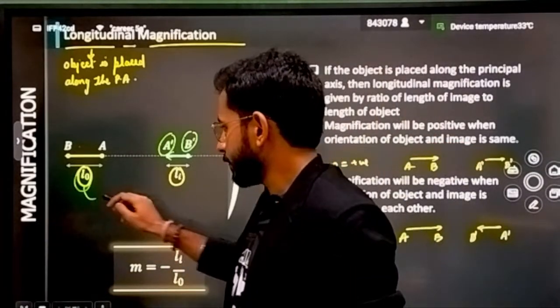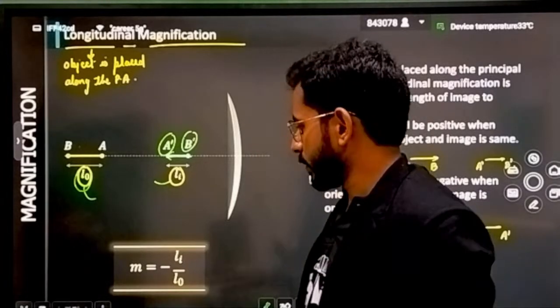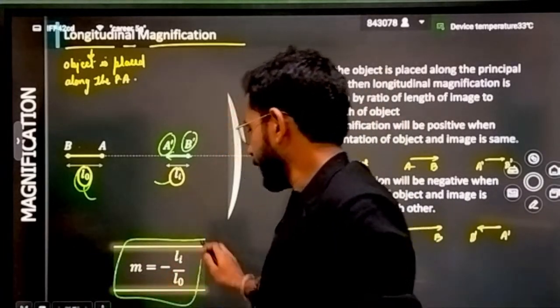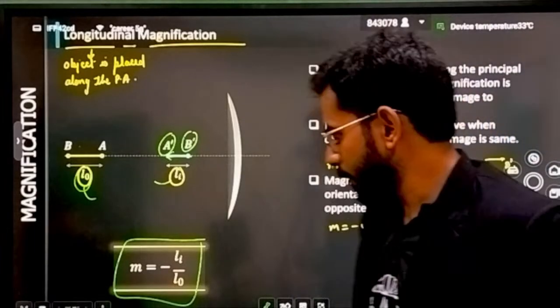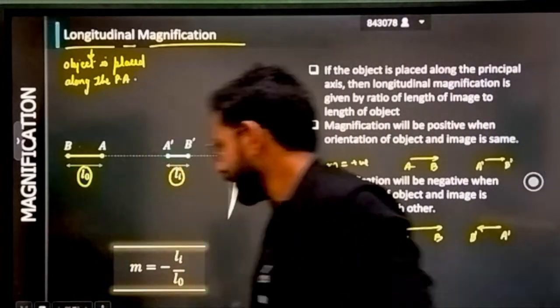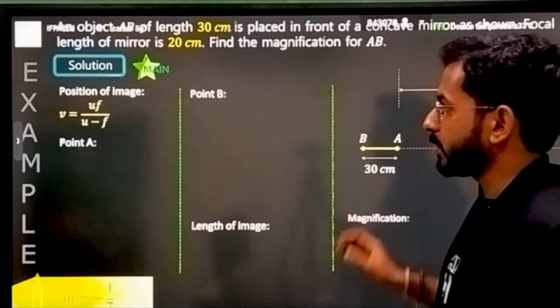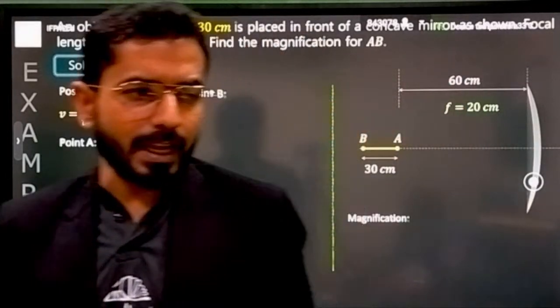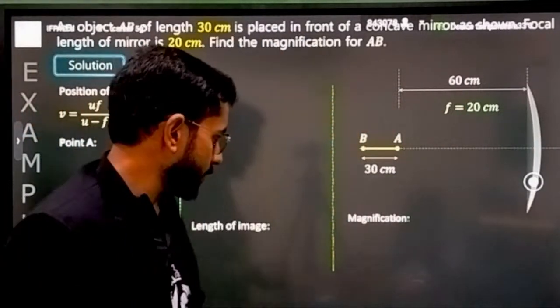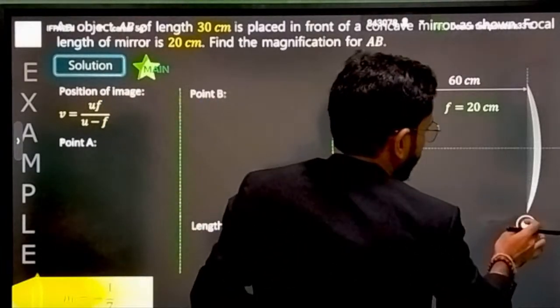Here we are discussing the length of object and length of image. So magnification is equal to minus length of image divided by length of object. A better way to understand this is an example that will perfectly explain what this question is trying to derive. Okay, see, very beautiful question.